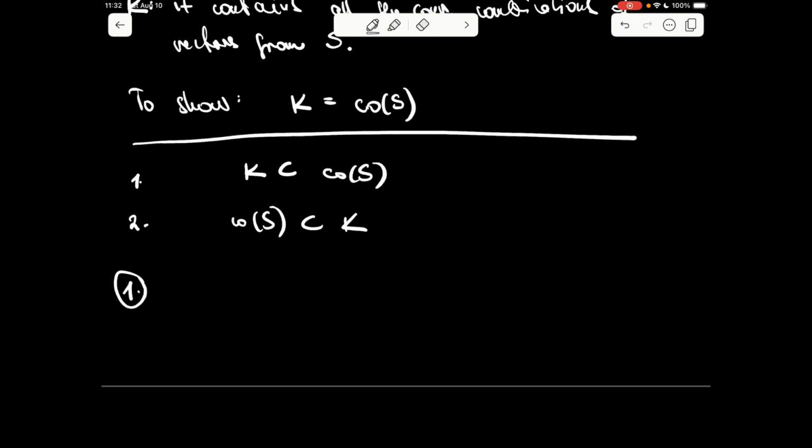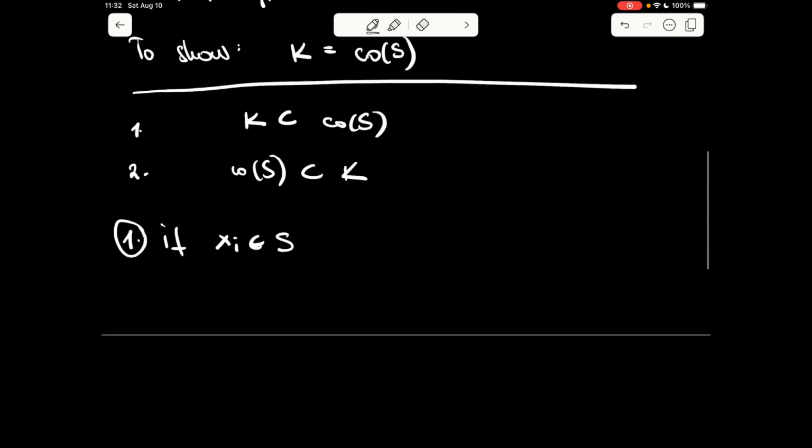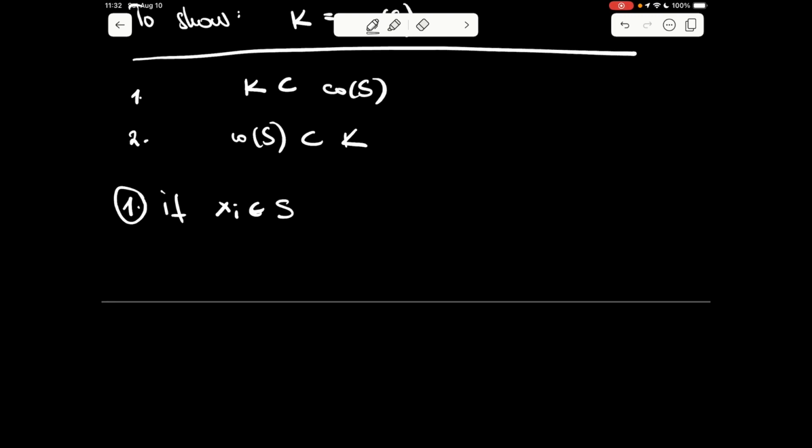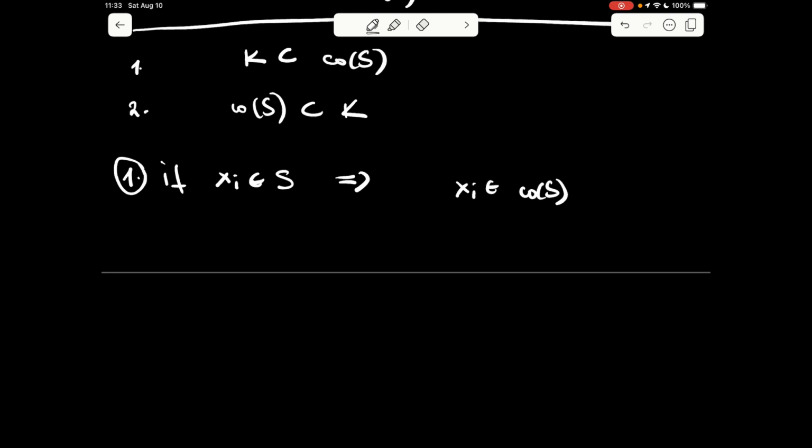In the first case, if these vectors are from S, then any xi is an element of the smallest convex set that contains S. Formally, xi is in the smallest convex set that contains S. We know that this set is convex by definition.